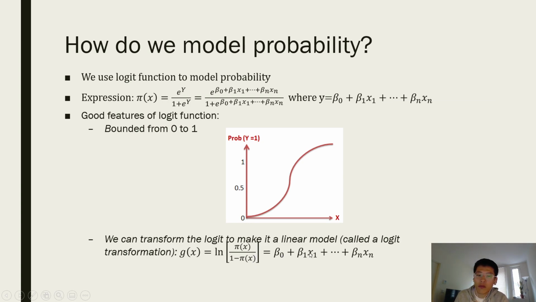For example, if you have an estimate of beta 1, you can say that a 1 unit increase of x1 will result in a b1 increase, just a number, for example 0.05 or 0.056, in the logit of y.